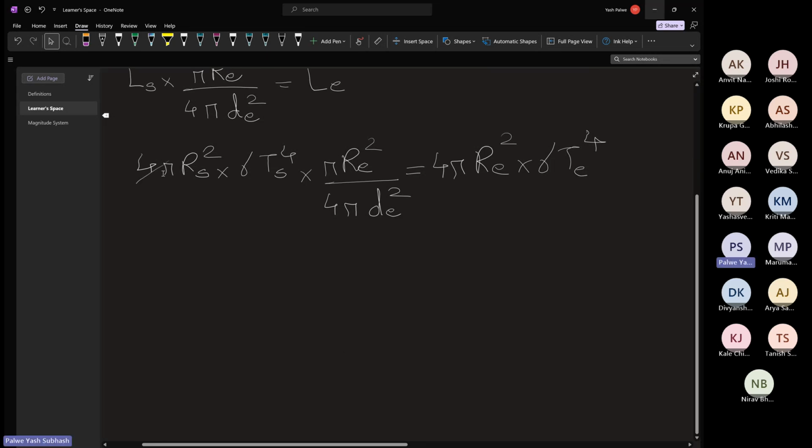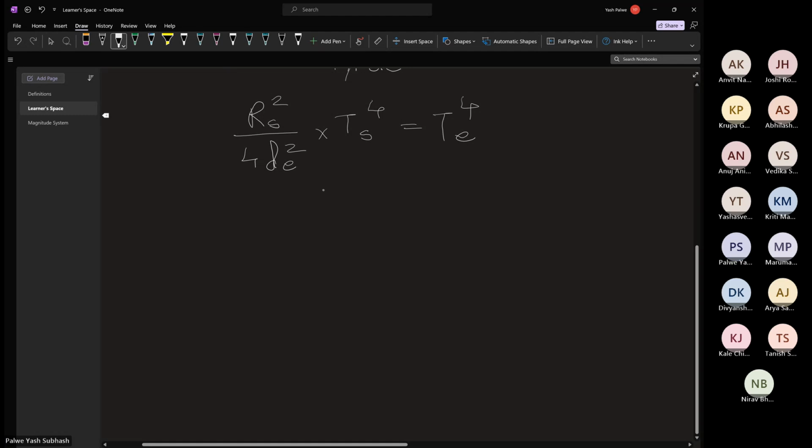So, just canceling out the terms now, and we get, therefore, now, substituting in the values, we'll get the temperature of Earth to be 278 Kelvin.